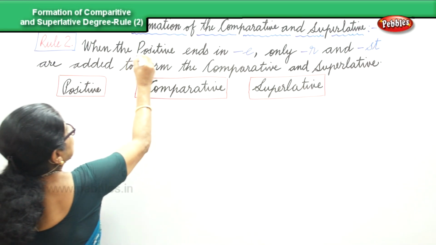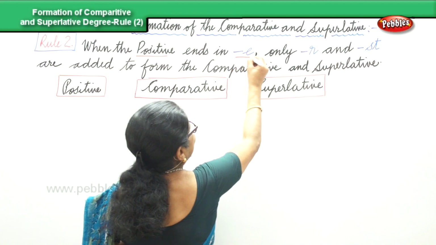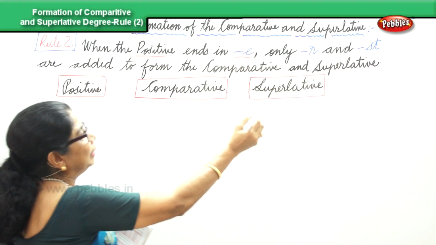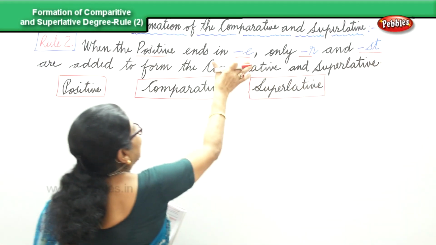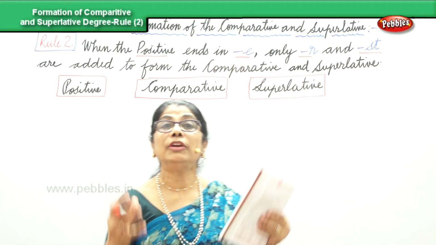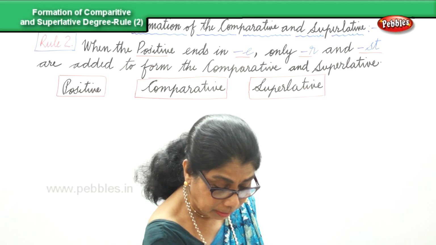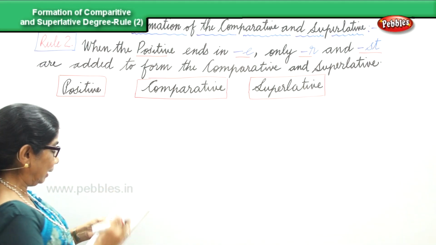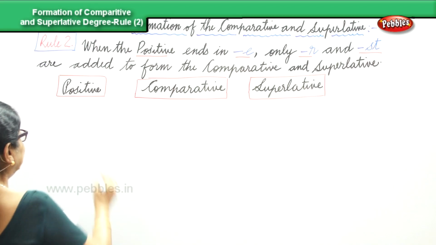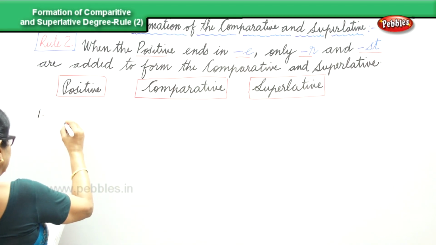When the positive ends in E, R and ST are added to comparative and superlative to form the spellings correctly.